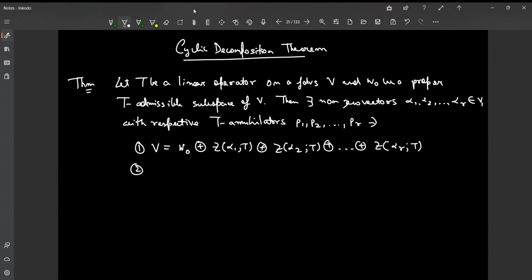And number 2, the kth T annihilator divides the (k minus 1)th T annihilator. This happens for k from 2 to r. Sorry, because we have the (k minus 1)th term, so it ranges over 2, 3 till r.